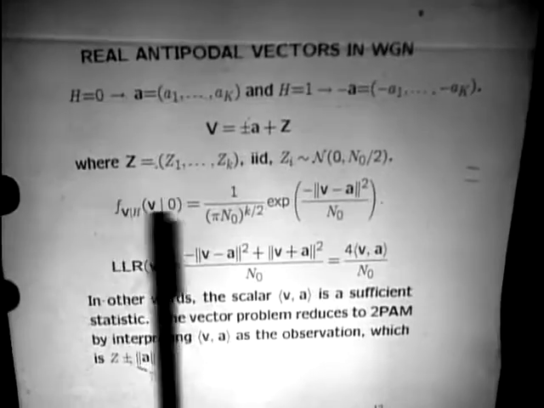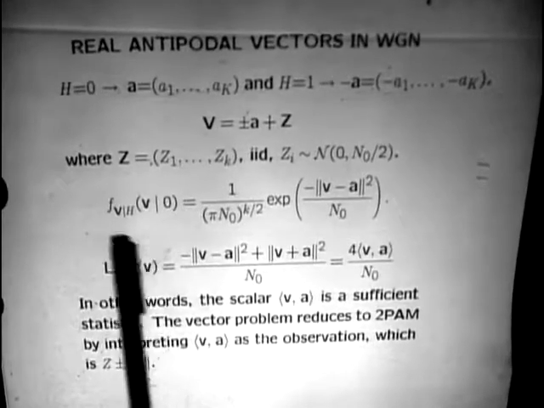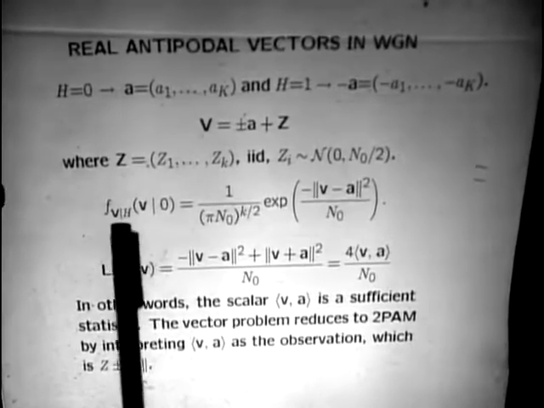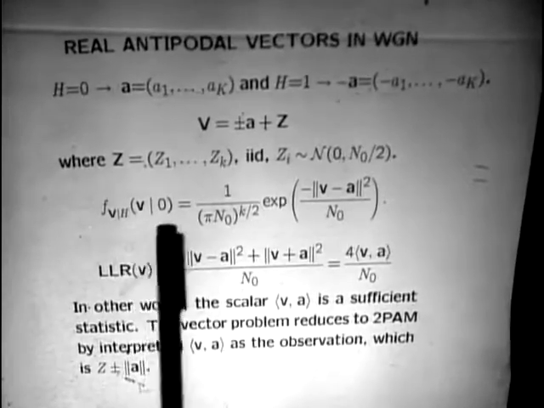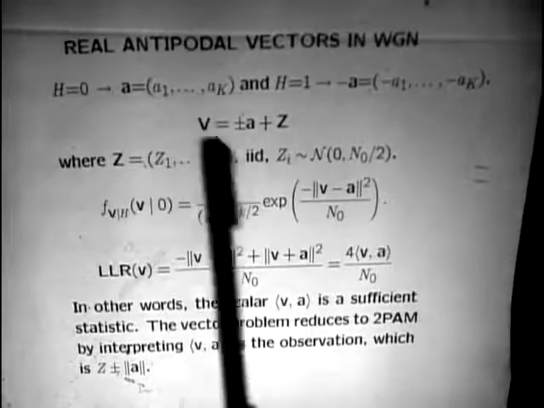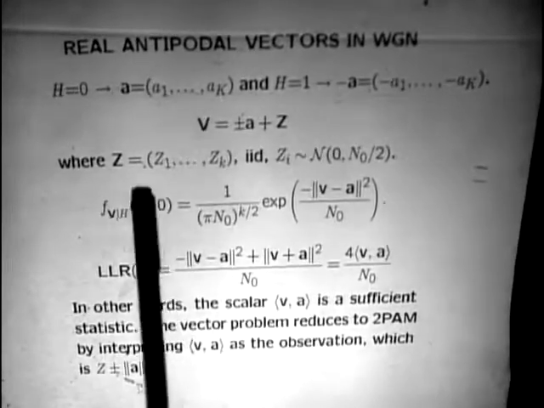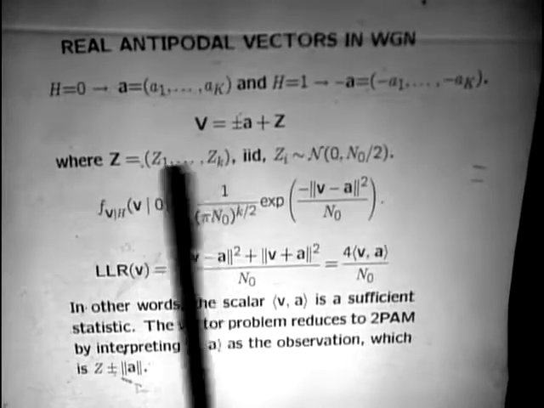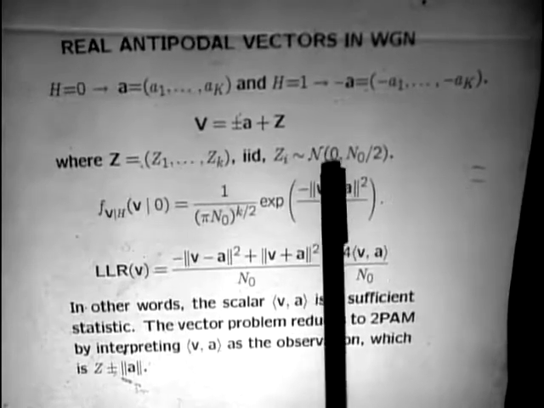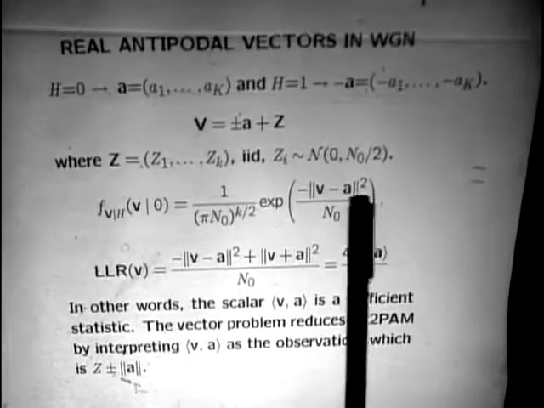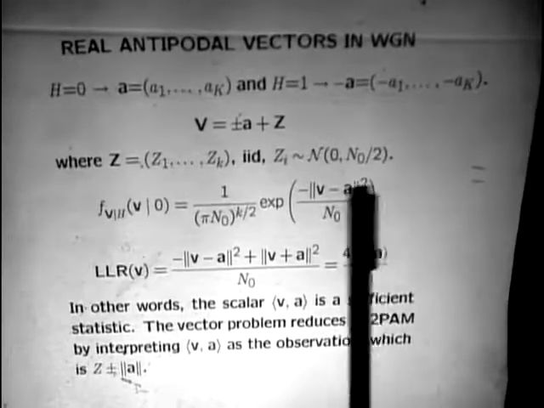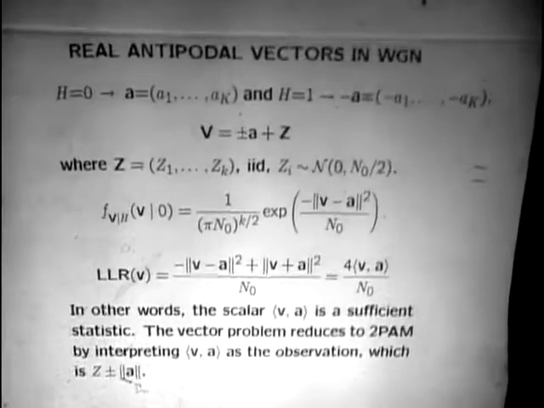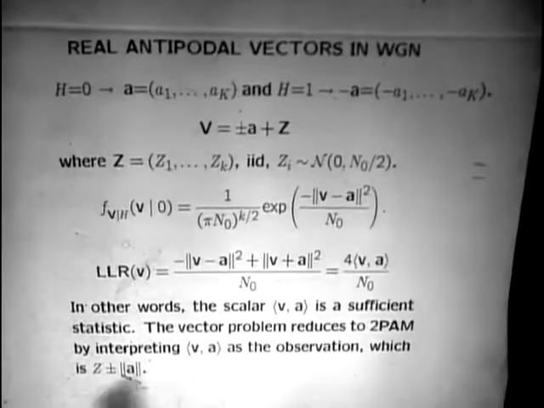The likelihood ratios then, the probability of vector v, conditional on sending this. I'm assuming here that the noise is IID, and each noise variable has mean 0 and variance n0 over 2. Namely, we're pretending we're communication people here, using n0 over 2.